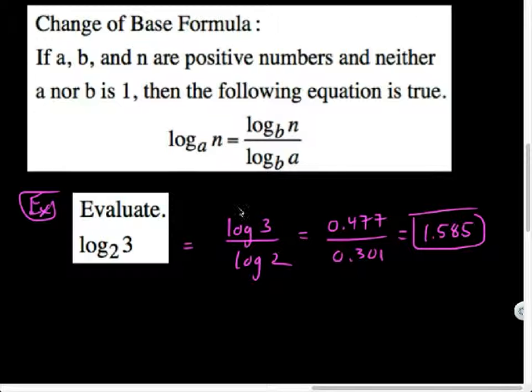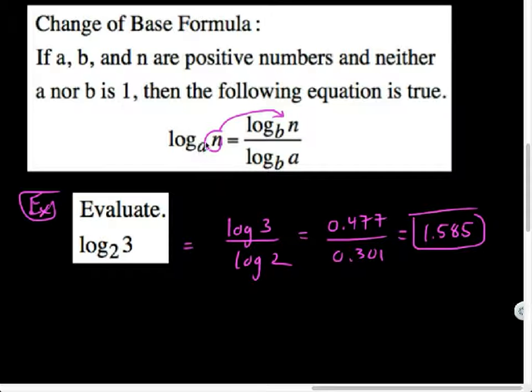And what I want to point out is that the bases here could actually be anything. I could have had log base 3 of 3 and log base 3 of 2. Or I could have had log base 100 of both of those. So the base for the change of base formula doesn't matter. It's whichever is most convenient for you. But the idea is that we merely take this and move it up top.